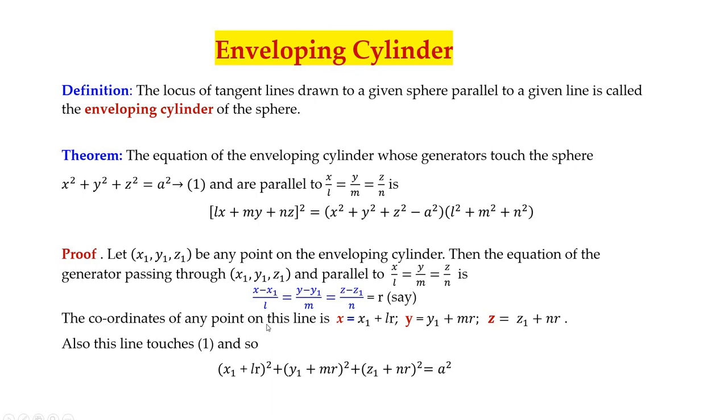Now the coordinates of any point on this line, very naturally, are x1 plus lr, y1 plus mr, z1 plus nr. Now this one touches 1. So we can replace this equation, x is replaced by x1 plus lr the whole square, and so on.